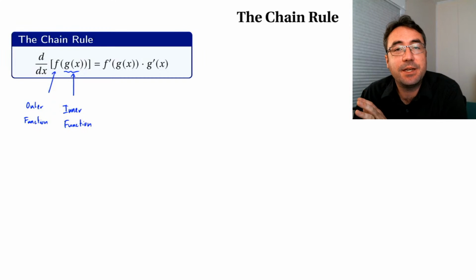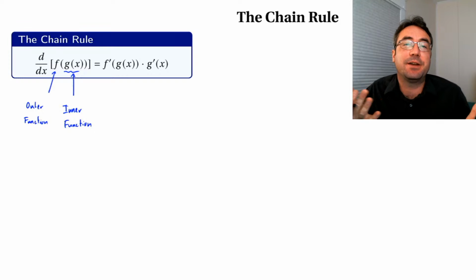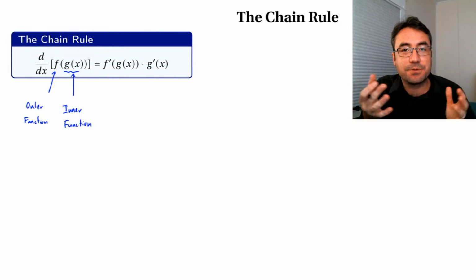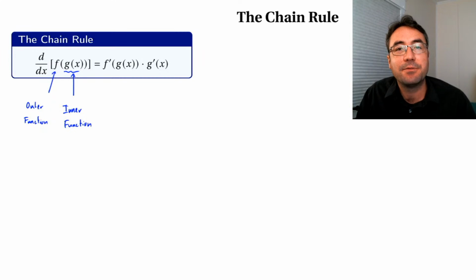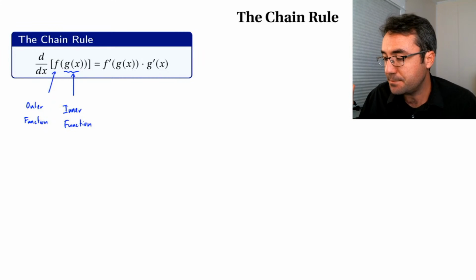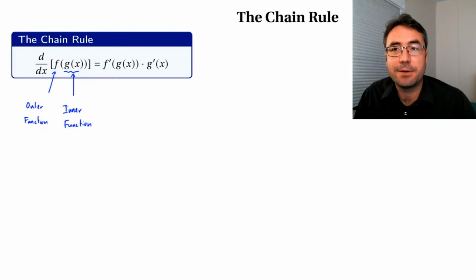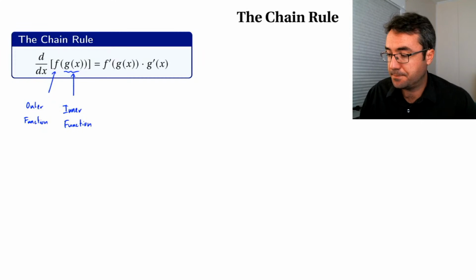That's what we're going to see with the substitution rule: it's really like the opposite of the chain rule. The chain rule is for derivatives, and the substitution rule is the opposite for when we do integrals. And we're going to prove that here.